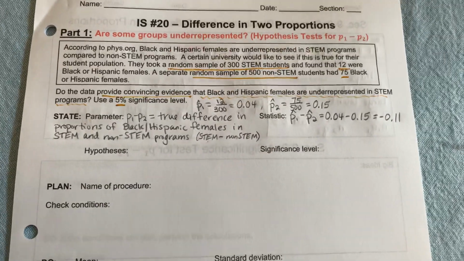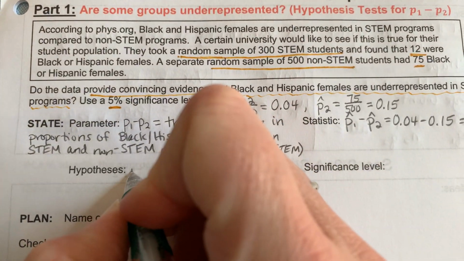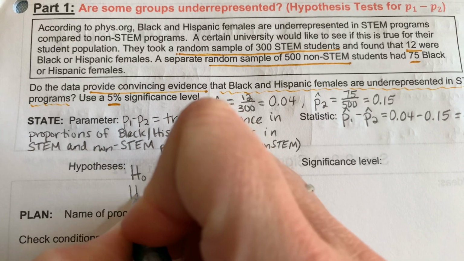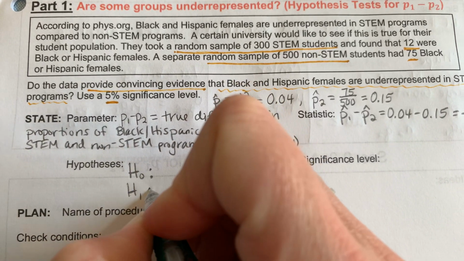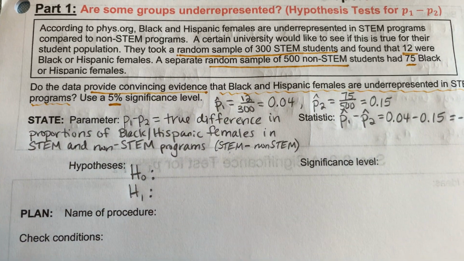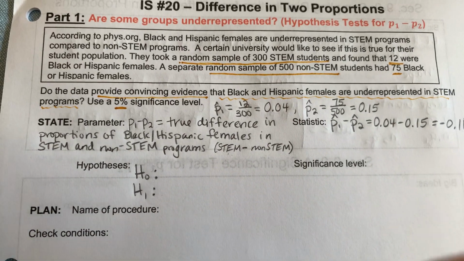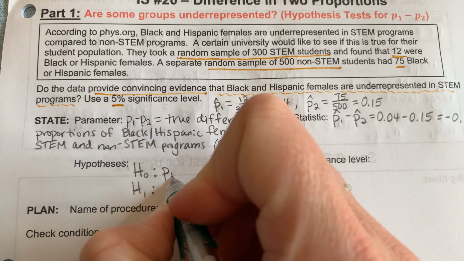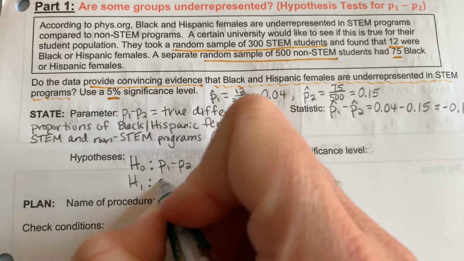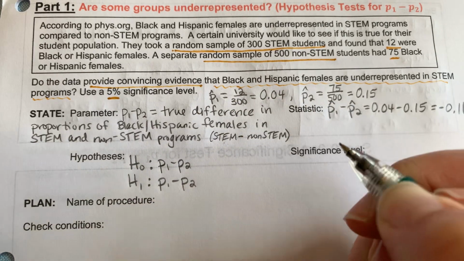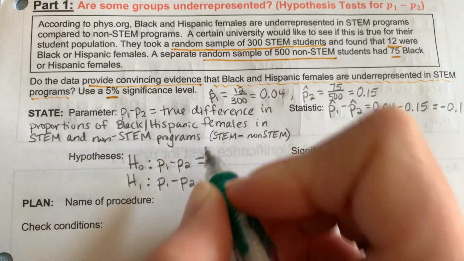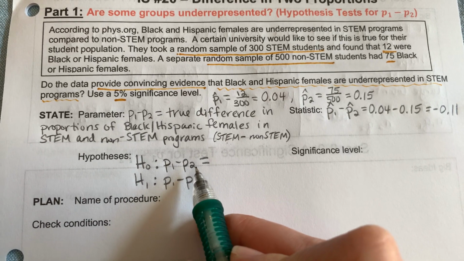So then my hypotheses, okay, so I've got H0 and H1. My null is always an equality, remember? So I have my parameter P1 minus P2. That's going to show up in both of them. It's going to be equal to something for the null. Now, let's see.